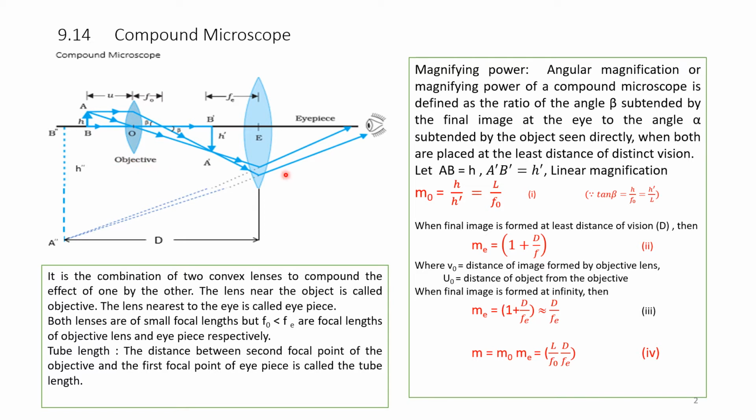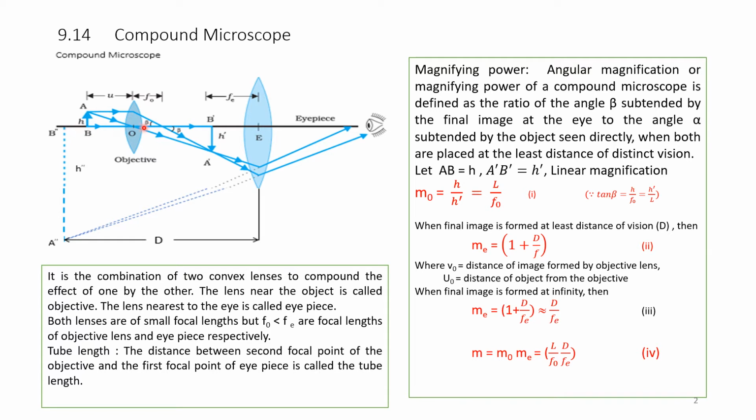Let us describe the compound microscope. It consists of two lenses, one small lens called the objective, which is very near to the object. Here AB is the object whose height is h, the distance between the objective and the object is u, and the focal length of this objective is f0, as shown in this diagram.